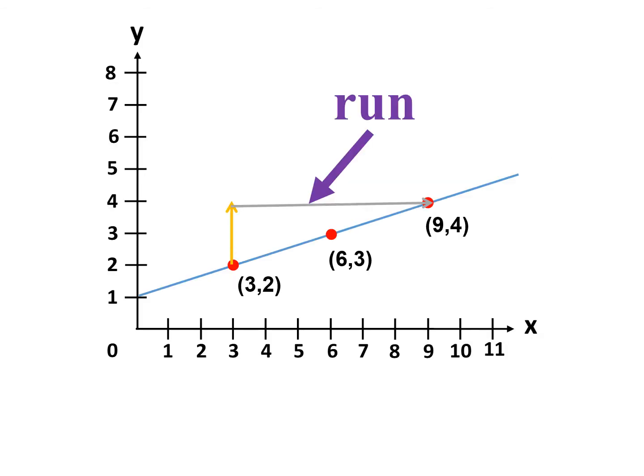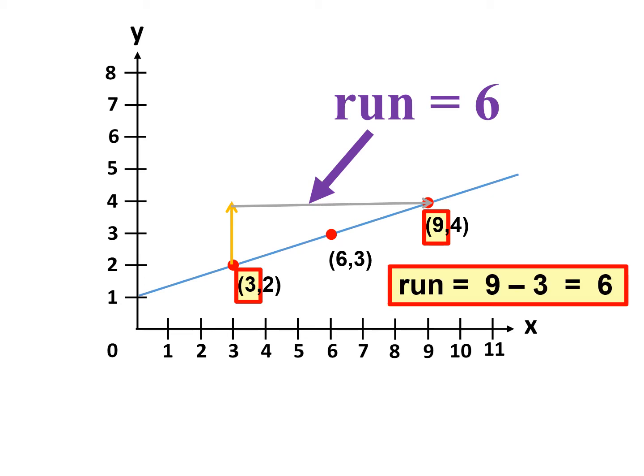We can calculate the run in a similar way. In this example, the run is equal to 6. That is, the ant travels 6 units sideways as it walks from one point to the other. And we can also see this by looking at the x-coordinates of the 2 points. The x-coordinate of the point on the left is 3, and the x-coordinate of the point on the right is 9.